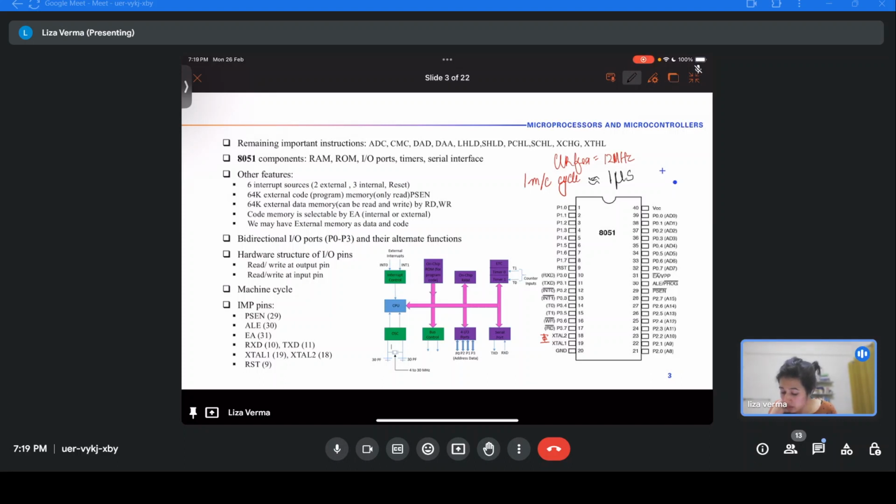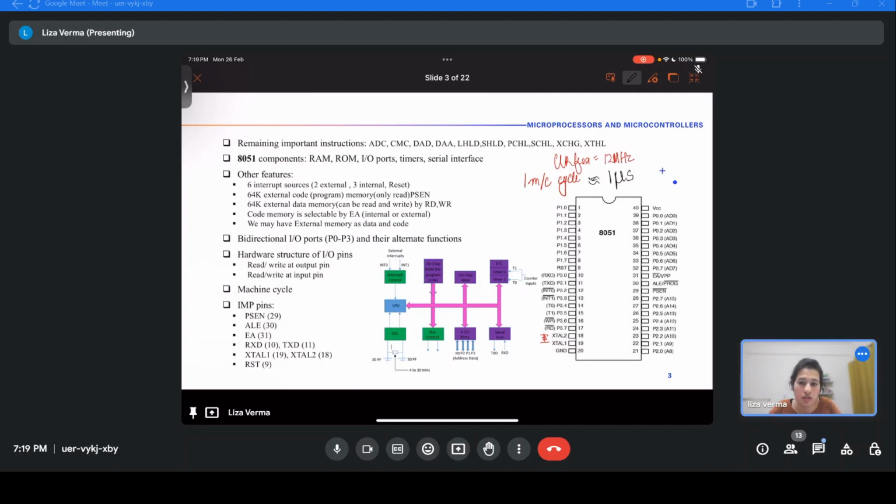Then we have bidirectional I/O ports. Can you tell me which of the ports are among the 4 ports? First of all, do we understand what ports are? We are talking about ports: P0, P1, P2, P3.